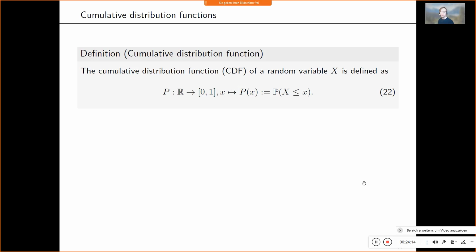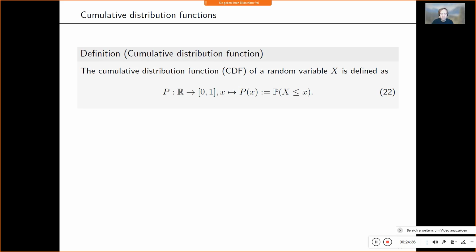So first, we use this definition here. The cumulative distribution function of a random variable x is defined as big P, so that's in distinction to probability mass and density functions. And it's a function from the real numbers, regardless of whether we are dealing with a discrete or continuous random variable.